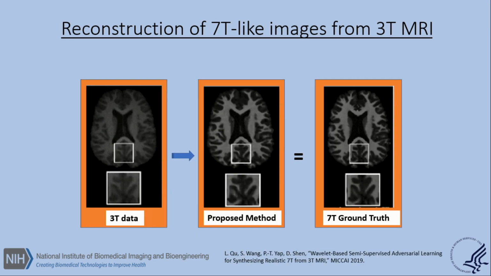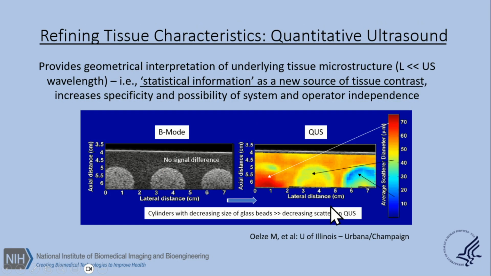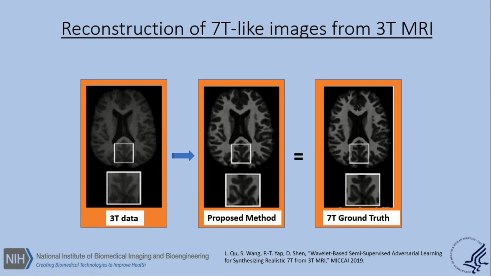And here you see that the first image is the 3T data. This is the 7T ground truth. And the middle is what the machine is predicting. And the machine is predicting pretty well what the 7T will look like. Now somebody said, well, you know, very soon we'll have 7T scanners. Who cares?